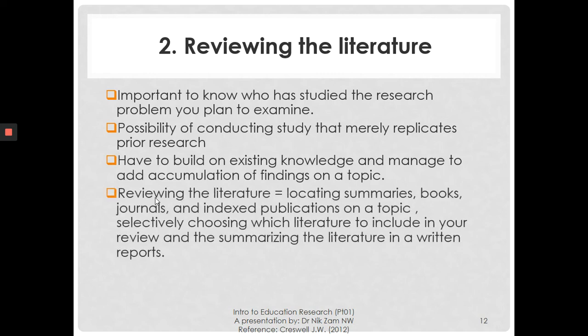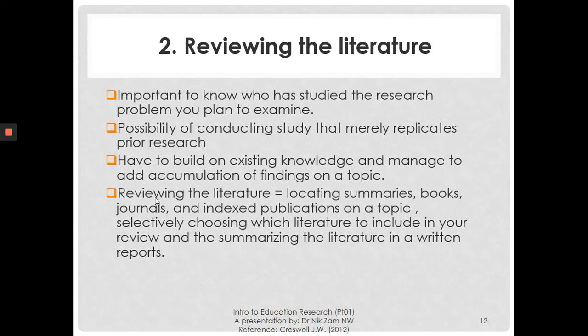Okay, so the process of reviewing the literature is actually locating summaries, books, journals, and index publications on a topic, selectively choosing which literature to include in your review, and summarizing the literature in a written report. Of course, this is a process that you have been doing.